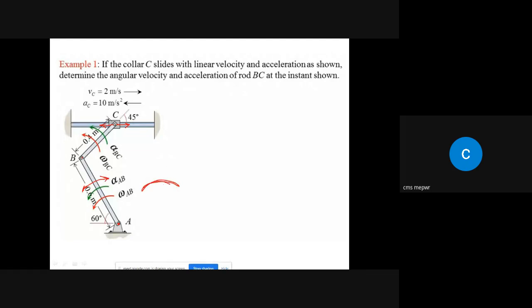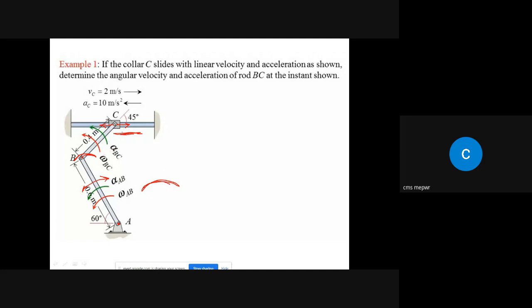But this link BC moves, this end is moved with this one, and it also rotates. So this one is having both motions. This link BC is having general plane motion, that is translation plus rotation.